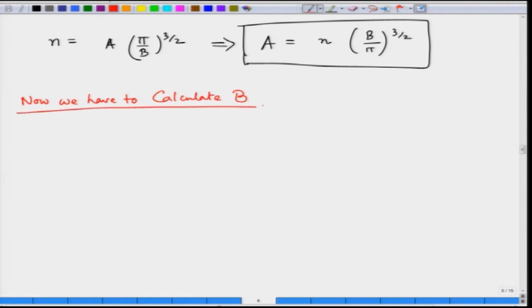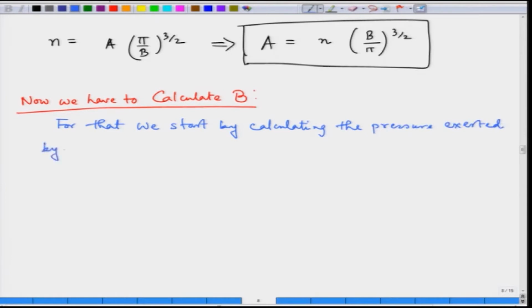So, for example, if we can calculate b, then of course we can also calculate a. And for that we start by calculating the pressure exerted by the molecules.